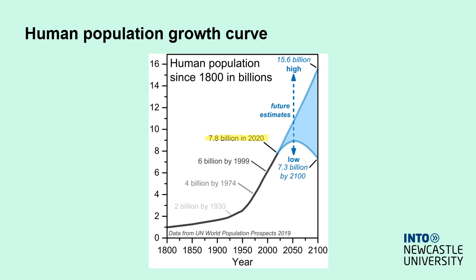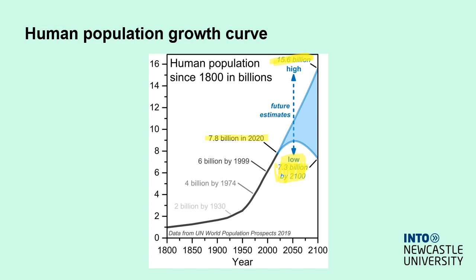People are trying to make predictions on the number of people on the planet and the carrying capacity of the planet. This is data from the UN, the United Nations, and they are looking at a range of estimates in the future like this, and looking at ways in which we can work to support whatever the human population becomes.